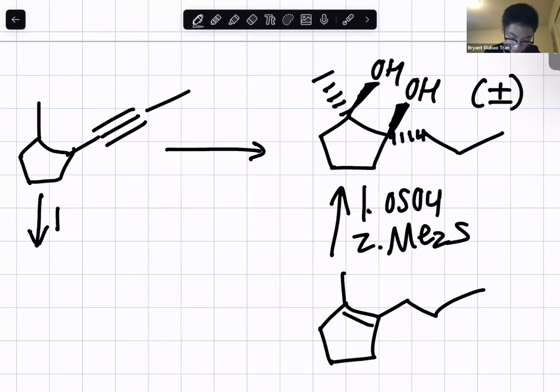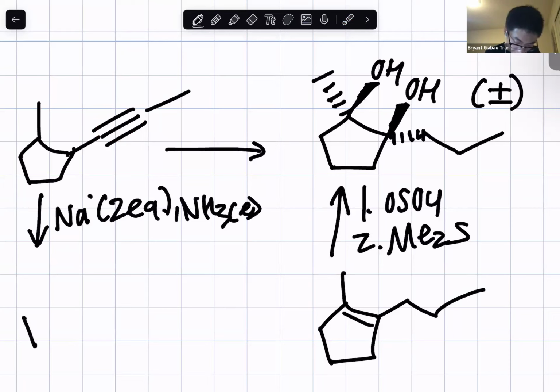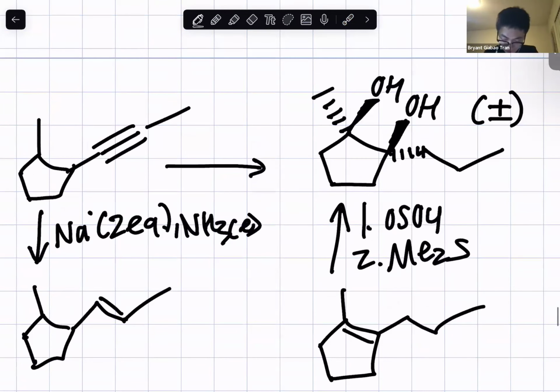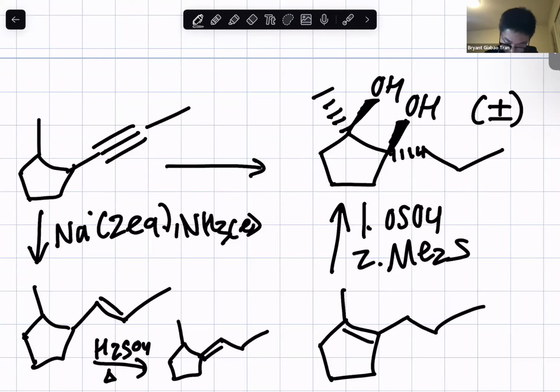To do that, we could use Na, excess, with liquid ammonia and make the alkene there, right? And you notice how this is a less stable double bond right here? It can become more stable by putting H2SO4 and heat, and it will crawl to make a double bond right here.